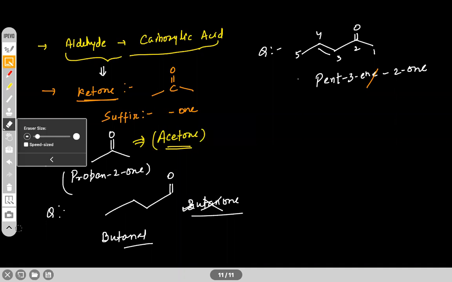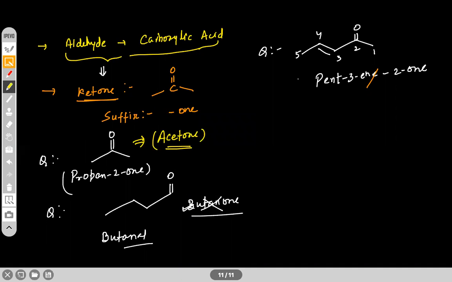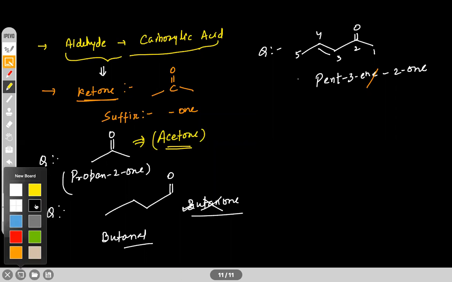The next is we have discussed this one, ketone. One more functional group we have, and that is ether. You know what is ether? Ether is this.